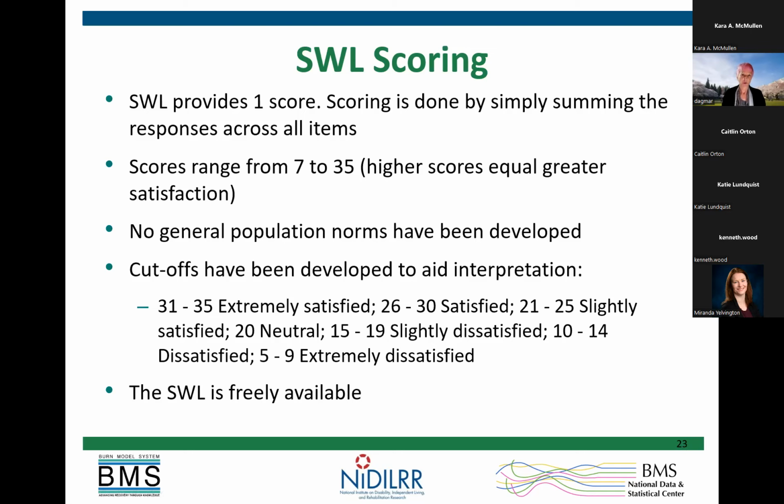The way you score satisfaction with life is that you get 1 score, which tells you about how satisfied the person is with their life. And you sum the responses across all 5 items.